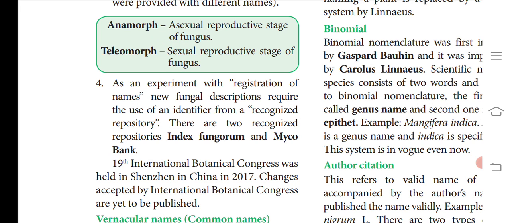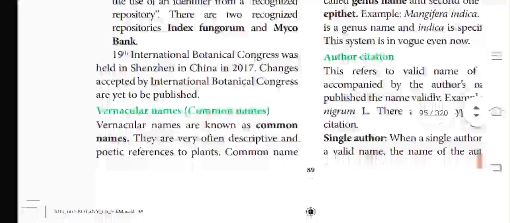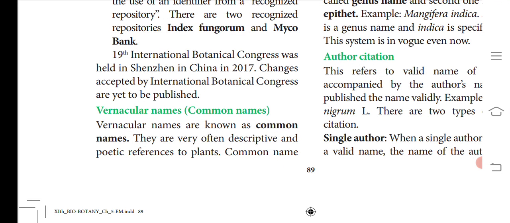So naming should also have some meaning. There are two recognized repositories, Index Fungorum and MycoBank. The 19th International Botanical Congress was held in 2017. Changes accepted by the International Botanical Congress are yet to be published. So it is not in action so far.